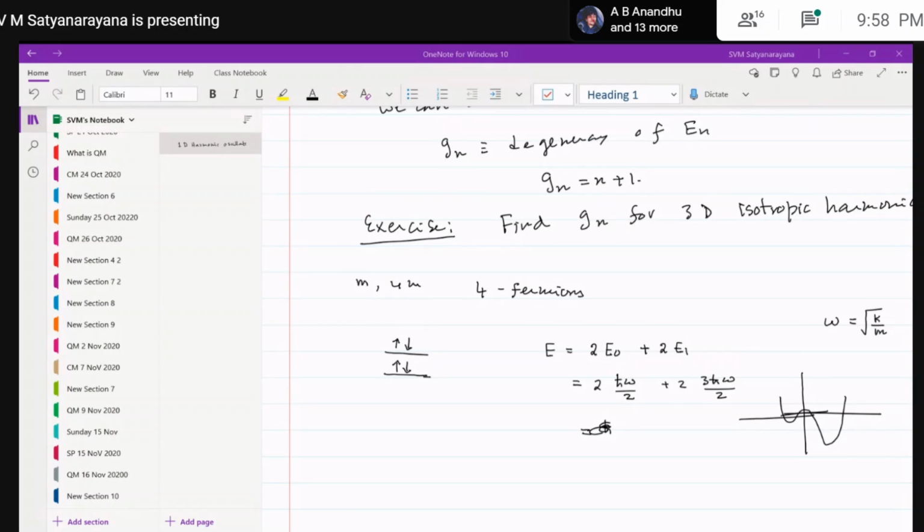And when you go to second quantization, these methods are more useful in terms of operators. So there is no difference. They are equivalent, but some problems are easier in one.